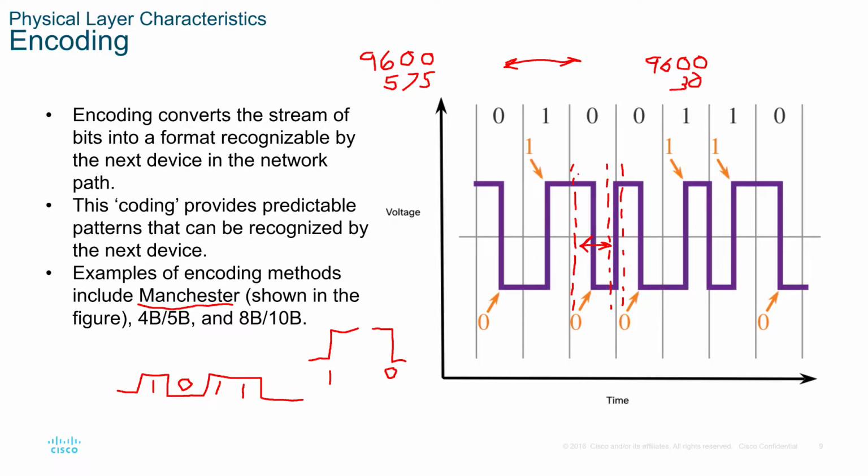Having this area between those two dotted lines allows us to adjust for a difference in the timing and allows us to send only the signal without a separate timing pulse connected to it. Some of the other encoding methods are 4-bit, 5-bit, and 8-bit, 10-bit. There have been many more over the years, and all used for particular purposes.